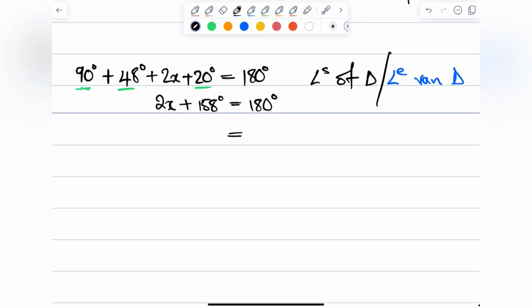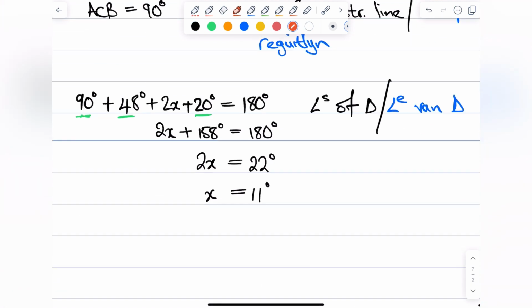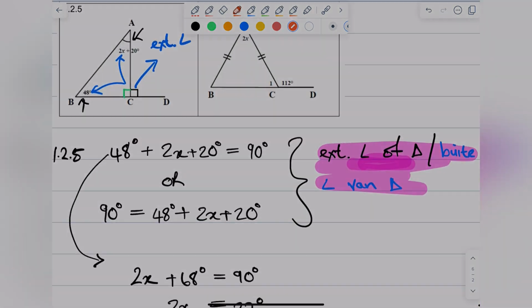Then subtracting 158 from both sides, we get 2x equals 22 degrees. And therefore, when we divide both sides by 2, we get x equal to 11 degrees as well. So same answer there, 11 degrees, because it's the same problem, just two different approaches.